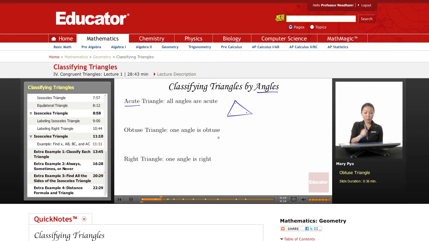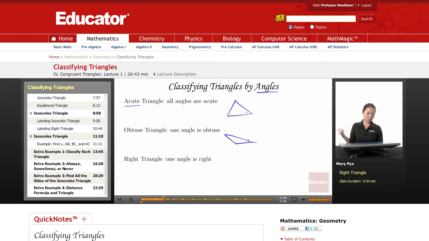Only one of them will be obtuse. There's no way you can have a triangle with two obtuse angles. So that means two of the angles, since we have three, are going to be acute, and then one of them is going to be obtuse. Okay, but all triangles must have at least two acute angles. So here's an obtuse triangle. So here's your obtuse angle and then your acute angles.